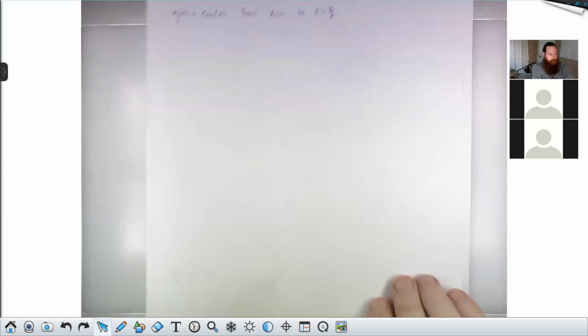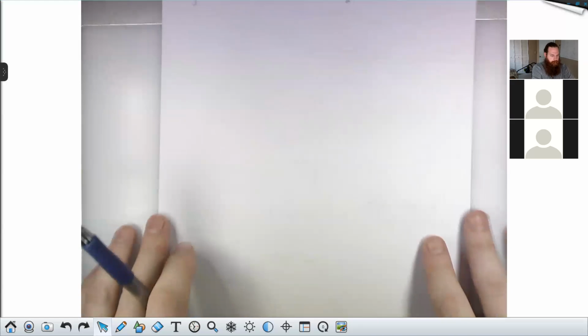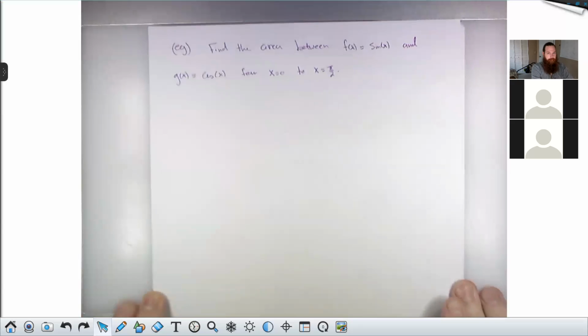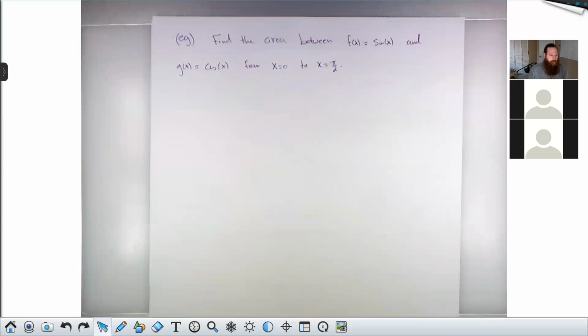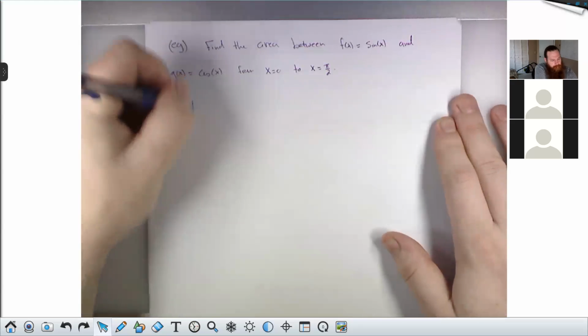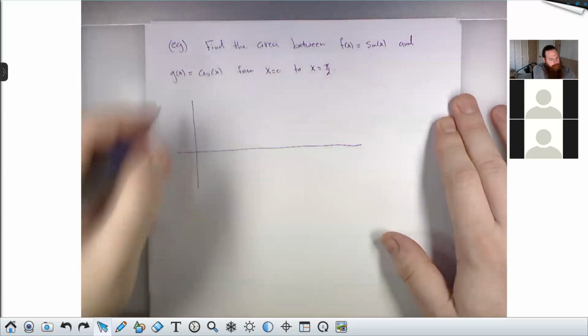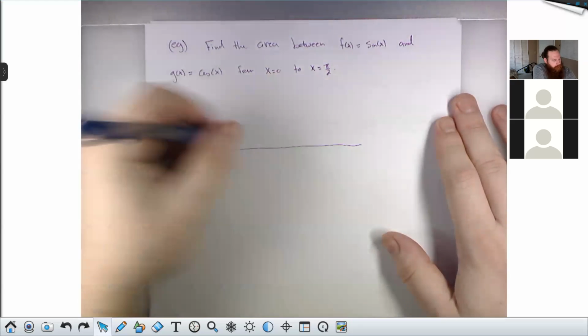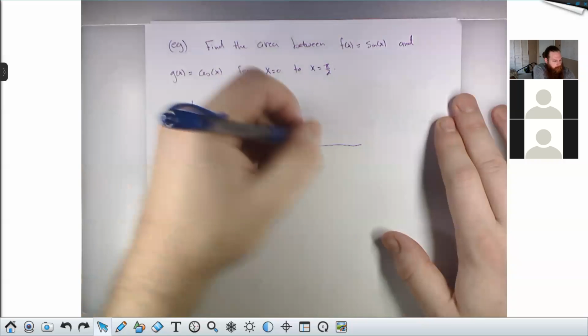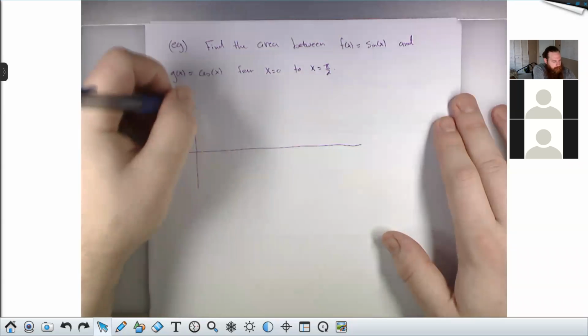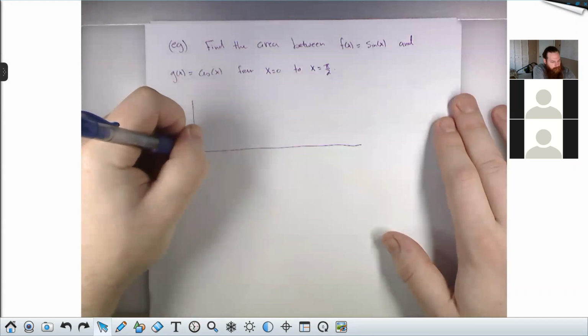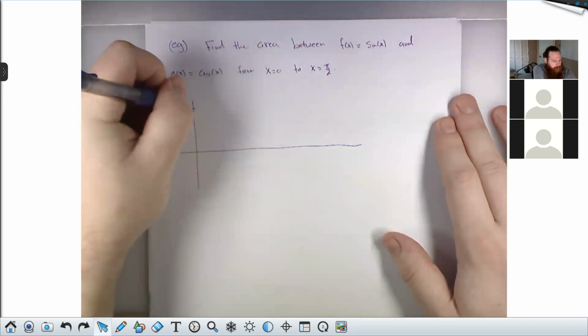Okay. So we want to find the area between sine and cosine from 0 to pi over 2, so we should sketch a graph. So we'll do sine first. Mark this up here as 1.